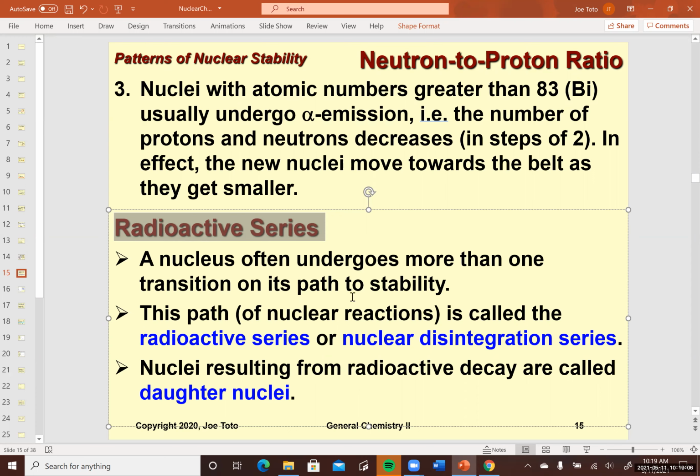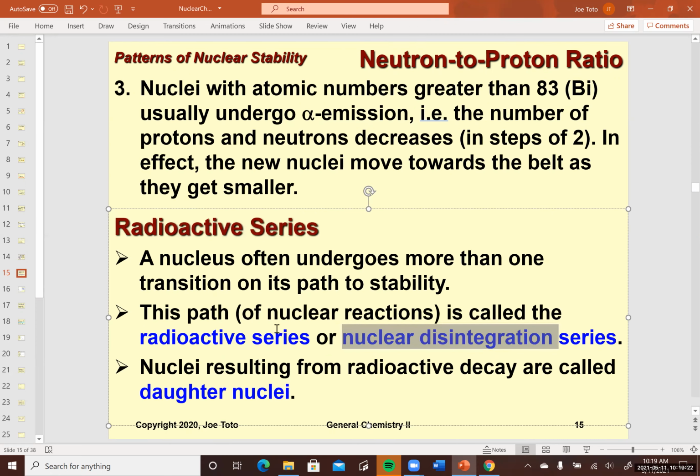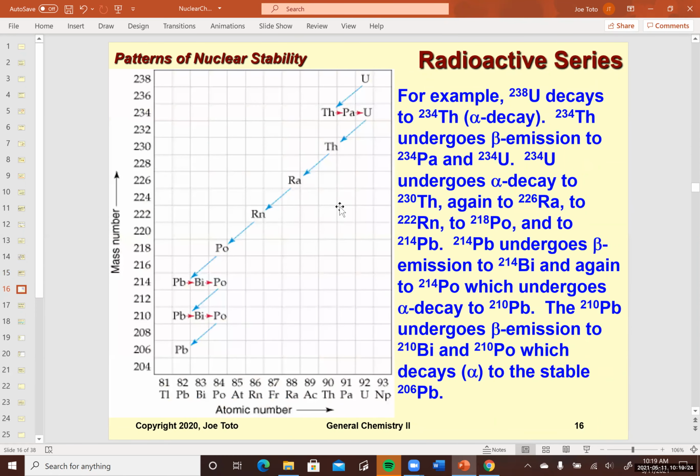When we look at that whole thing in its entirety, we call that nuclear disintegrations or a radioactive series, and all of the atoms that are produced are called daughter atoms.